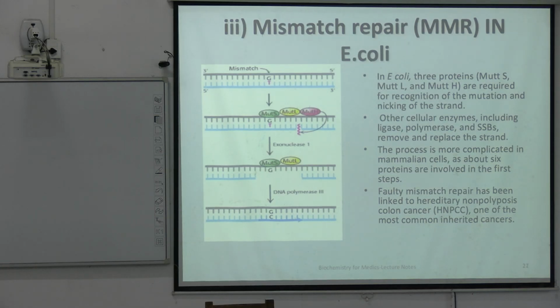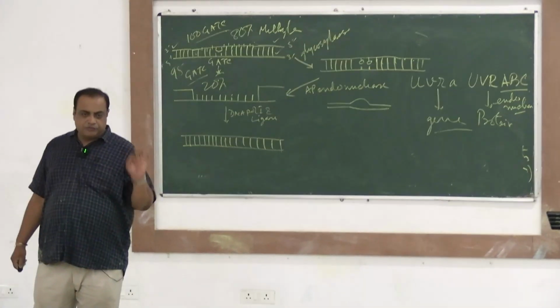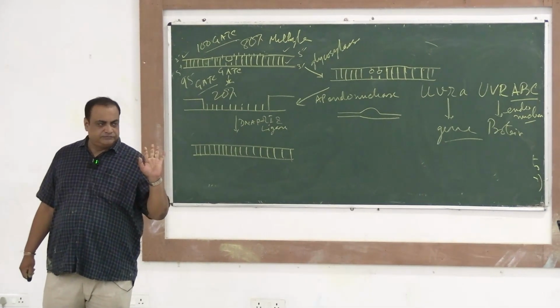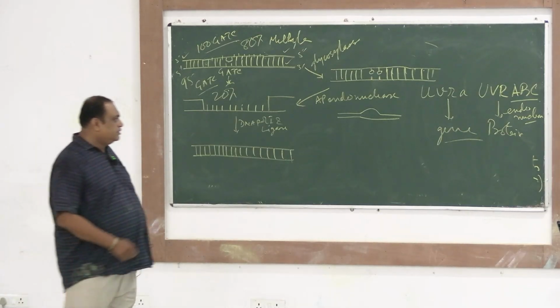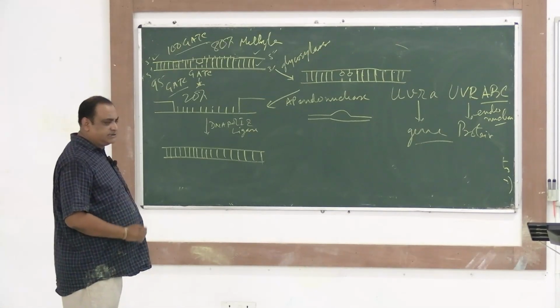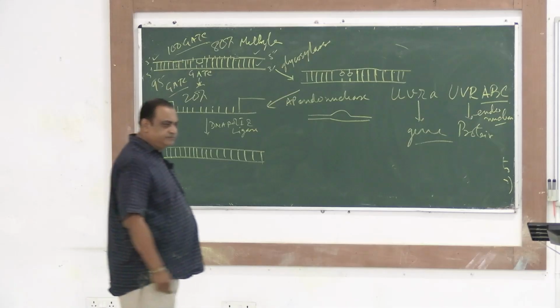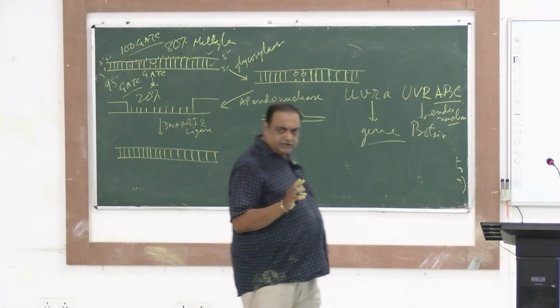These are 3 enzymes. Again, what is the gene? Small M-U-T. What is the product? Capital M-U-T. Right? So, MUT-L, MUT-H, MUT-S. These 3. What are 3 enzymes?